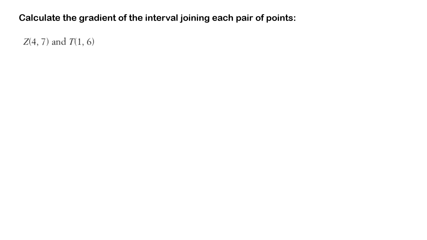As with most questions, I like to write the formula first. We know m equals y2 minus y1 over x2 minus x1. The next thing I like to do is label our coordinates. I will rewrite the coordinates over here a little larger.